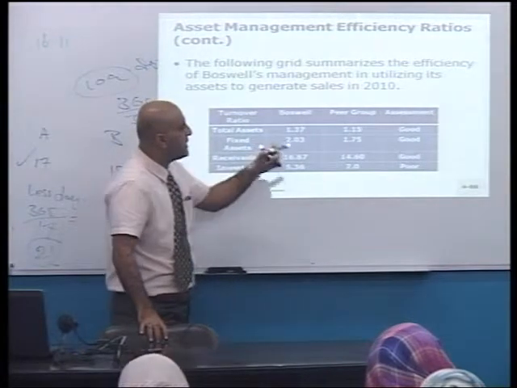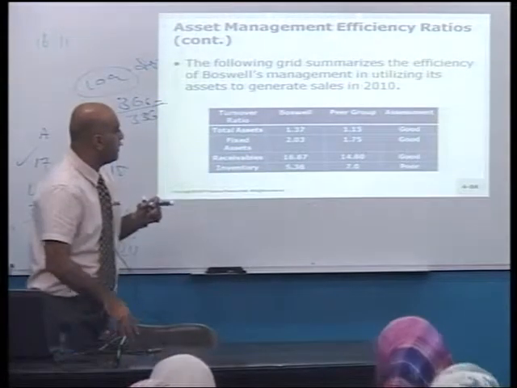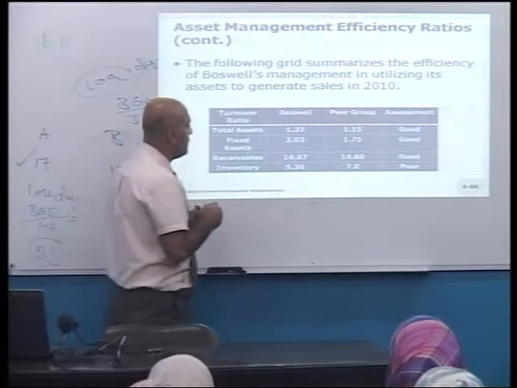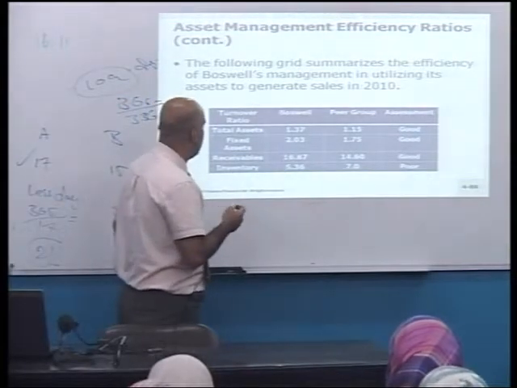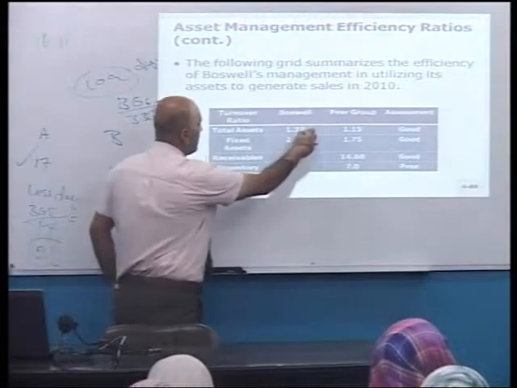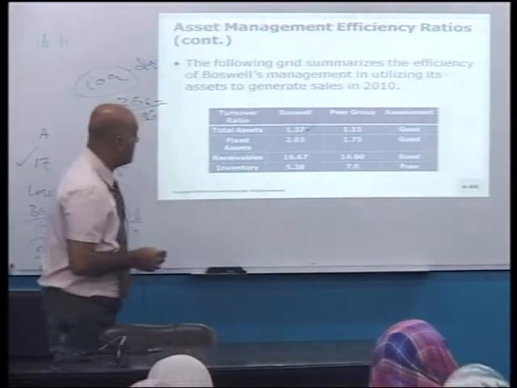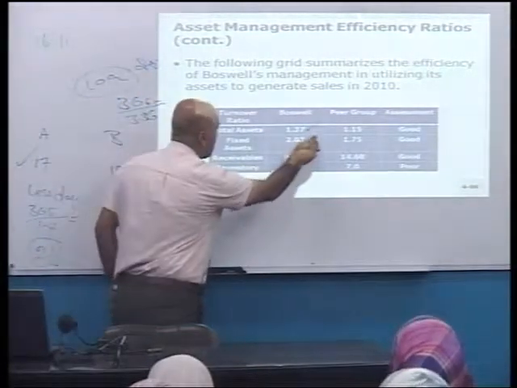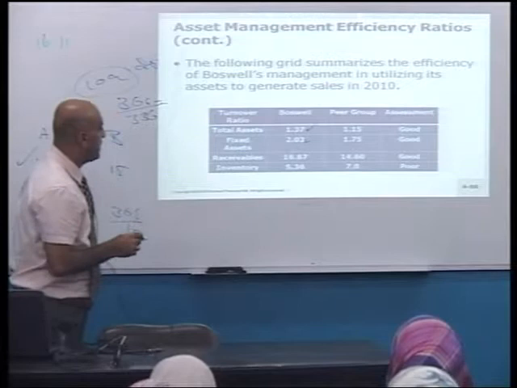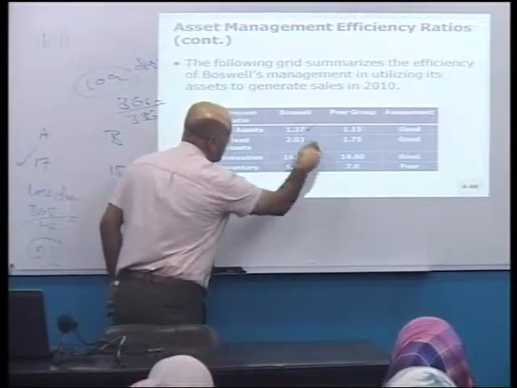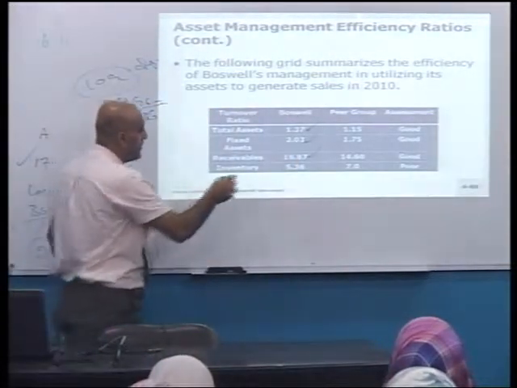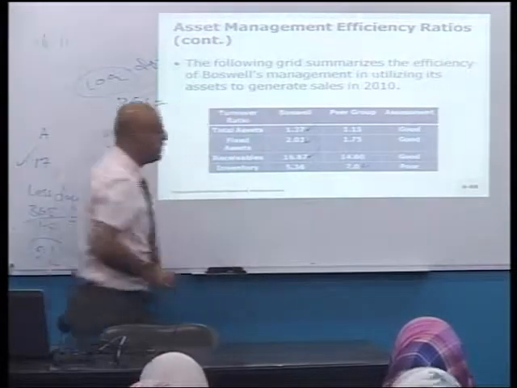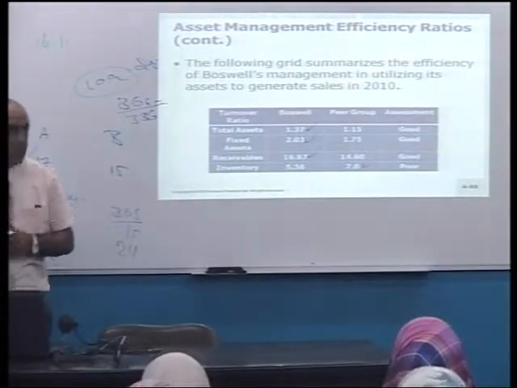If we compare with the peer group, we click on the one that we prefer. For total assets the Paswell is preferable, in terms of fixed assets it is preferable too, and in receivable as well. But we have problems in inventory turnover.